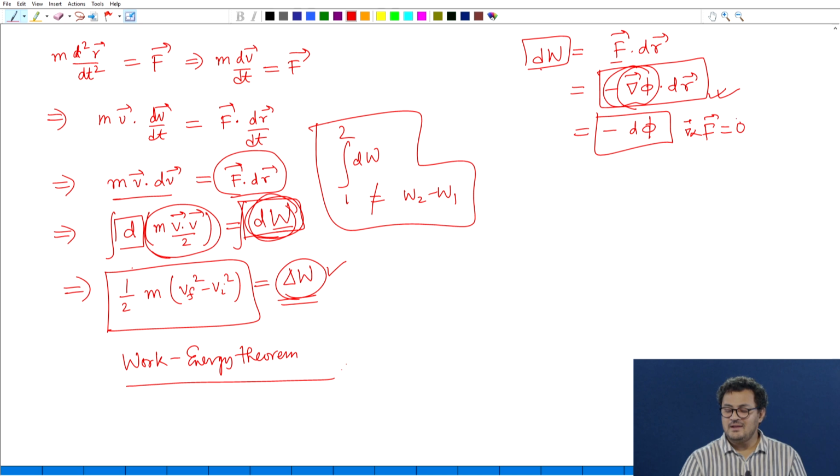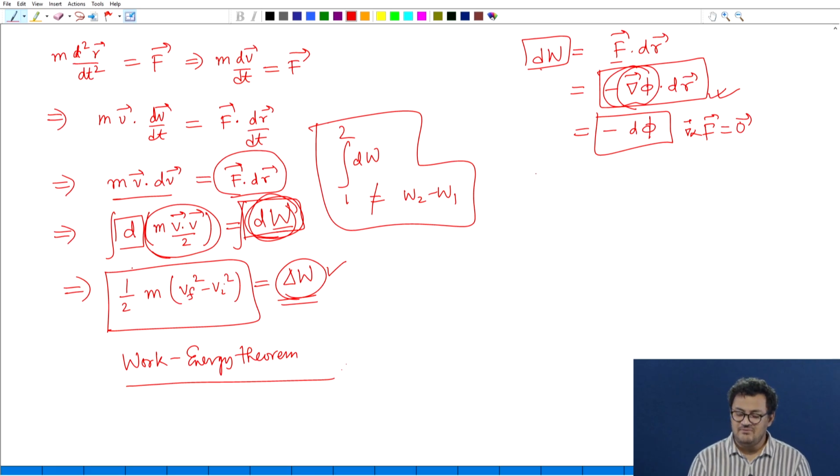Once again, this is true when your F has zero curl. So, it is correct to say that if the force field of my system has zero curl, then the force field can be written as minus the gradient of a scalar function, and as a result the total mechanical energy of the system remains constant in time, and also the work done between two states, initial and final, does not depend on the path chosen, but simply depends on the initial and the final state.